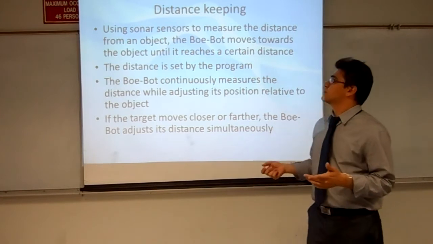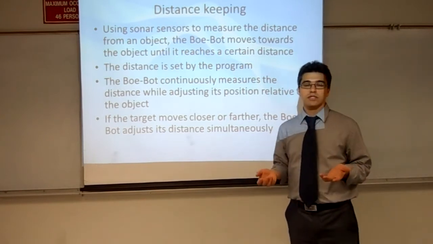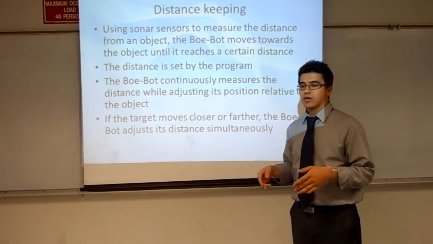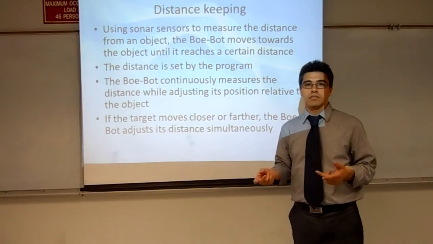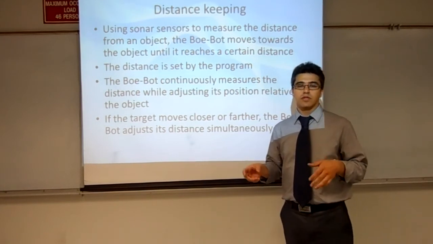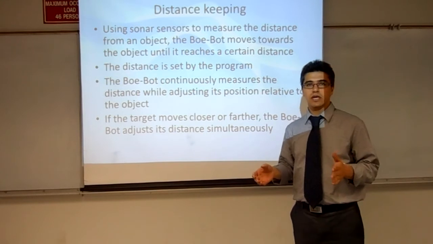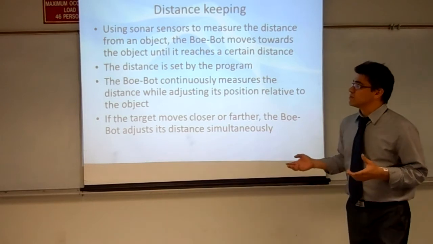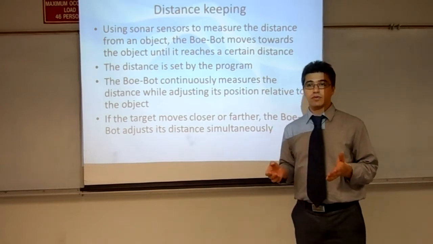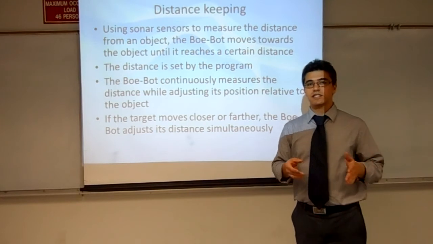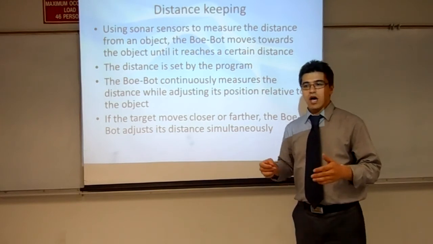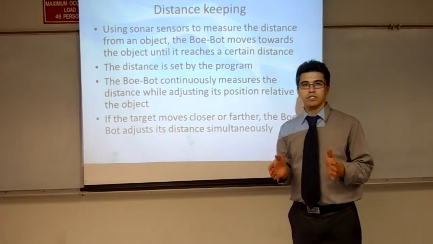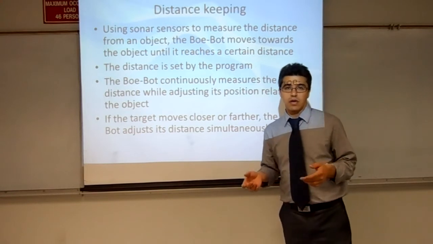For this purpose, the sonars have been used to measure the distance from the object, and with constant multiplication, it is converted to the distance. Based on the measurement, a tolerance has been defined to show how the Bobot should keep itself stable in its position relative to the object.